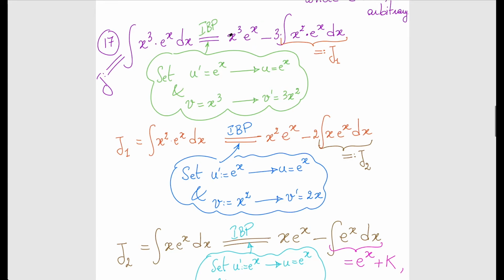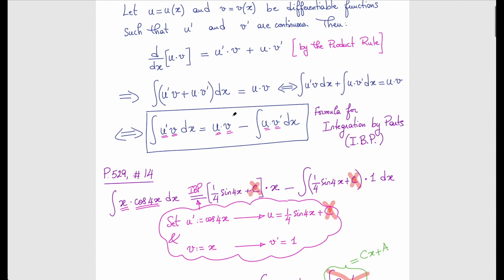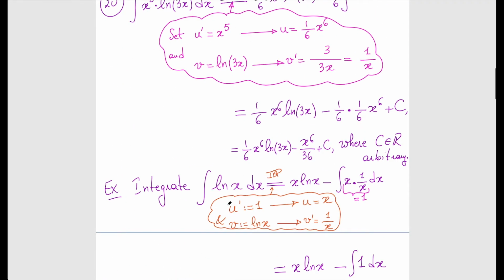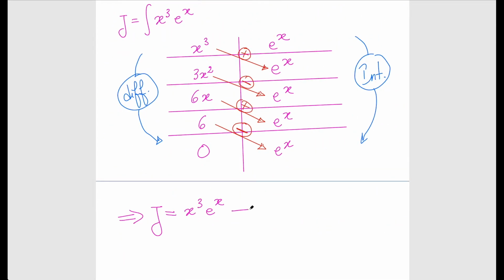It was this guy, which has the sign plus coming from this guy, the sign plus, and then we're gonna have the minus, correct? And then you're gonna have the minus this times this, so 3x squared e^x, and then with the plus sign 6x e^x, and the minus 6 e^x, so this takes care of this, plus that constant of integration that you're gonna pick up at the end.